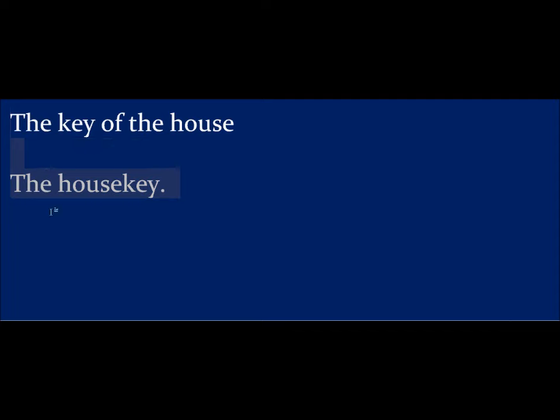Now in the second case, however, we just have a key, and we know that it opens house doors. Okay, so it's a key for houses, but we don't know which house it is. So here the house is indefinite.